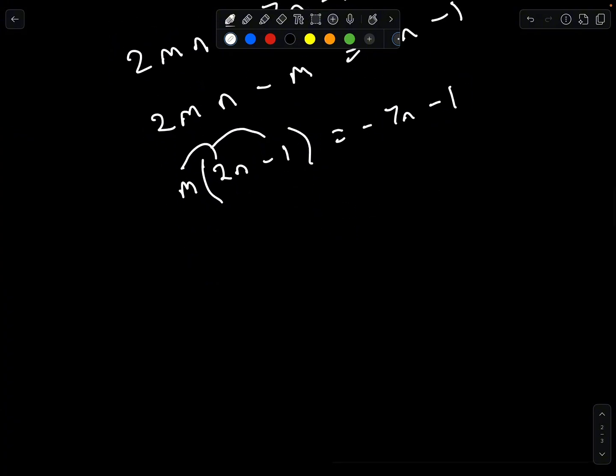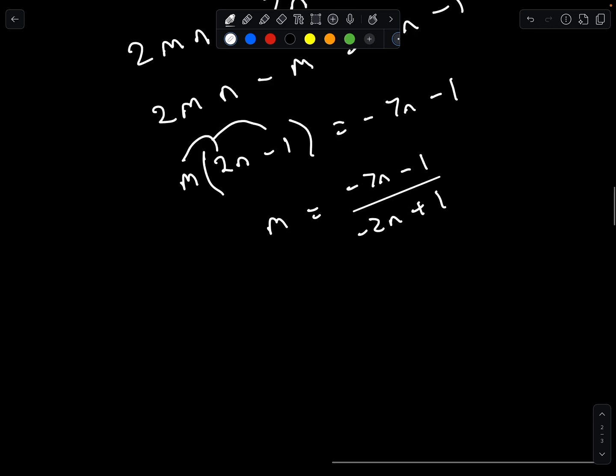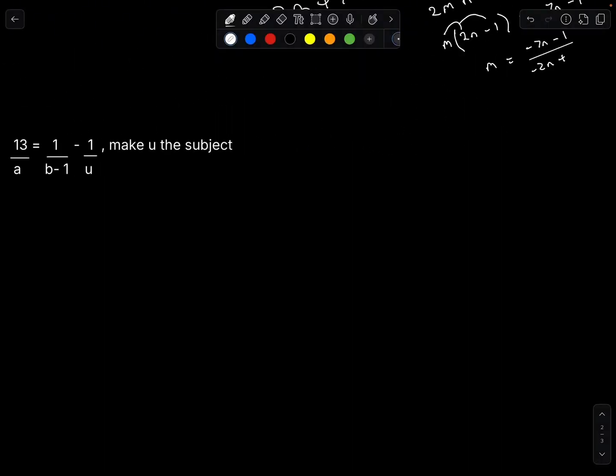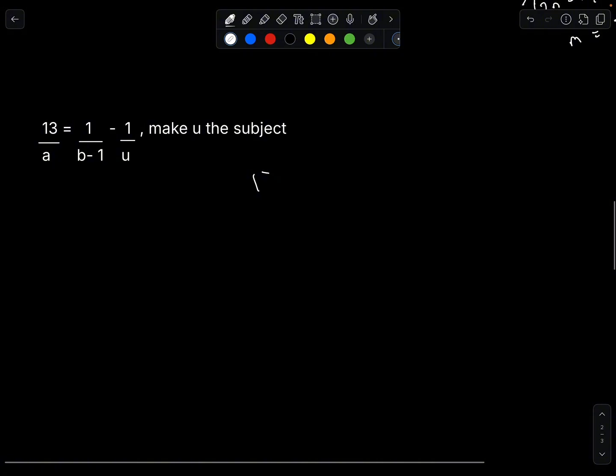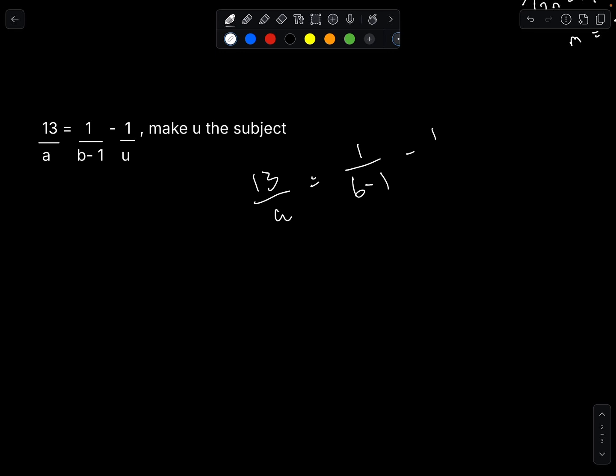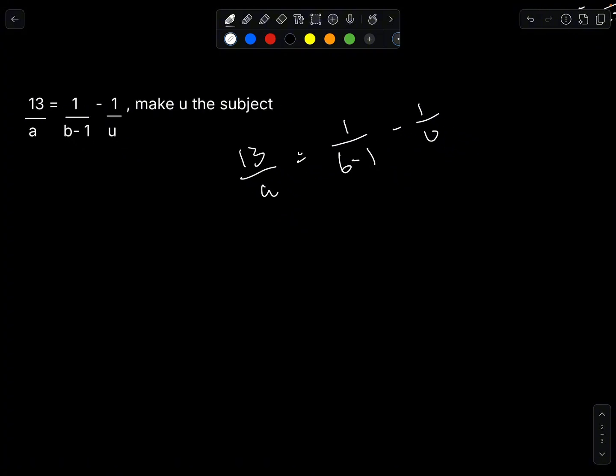Now, to get our final answer, we can just do n equals minus 7n minus 1, all divided by 2m minus 1. This question is a very tricky one and comes with a lot of practice to kind of get used to, but it's not as hard as it comes across.